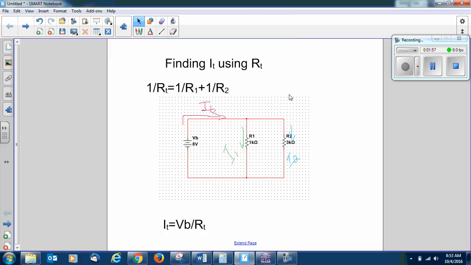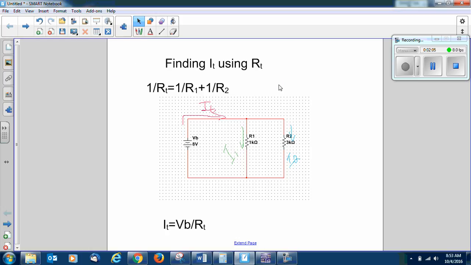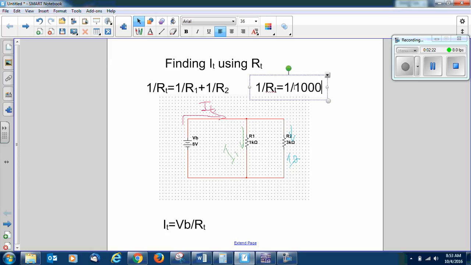So I'm going to go ahead and find that. I'm going to be looking for 1 over R total first. Very simple. 1 over R total equals 1 over 1000, I'm converting my R1 to ohms, plus 1 over 3000.